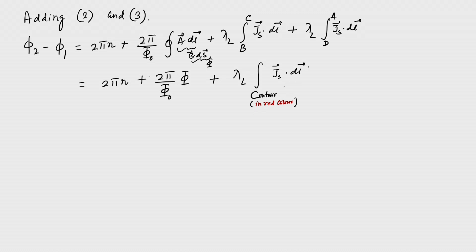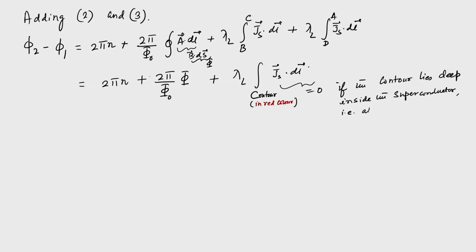Now, this will be 0 if the contour lies deep inside the superconductor, that is at a distance d from the inside of the loop much greater than lambda L, the London penetration depth.